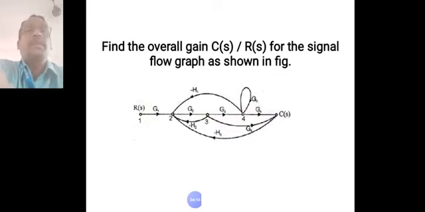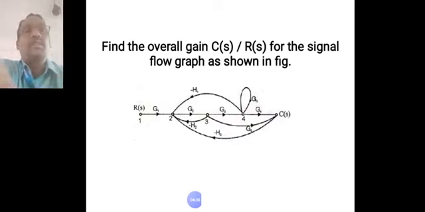The first step to solve this problem is to find the number of forward paths. For every signal flow graph, first we have to find the number of forward paths. Here the signal flows always in one direction only.